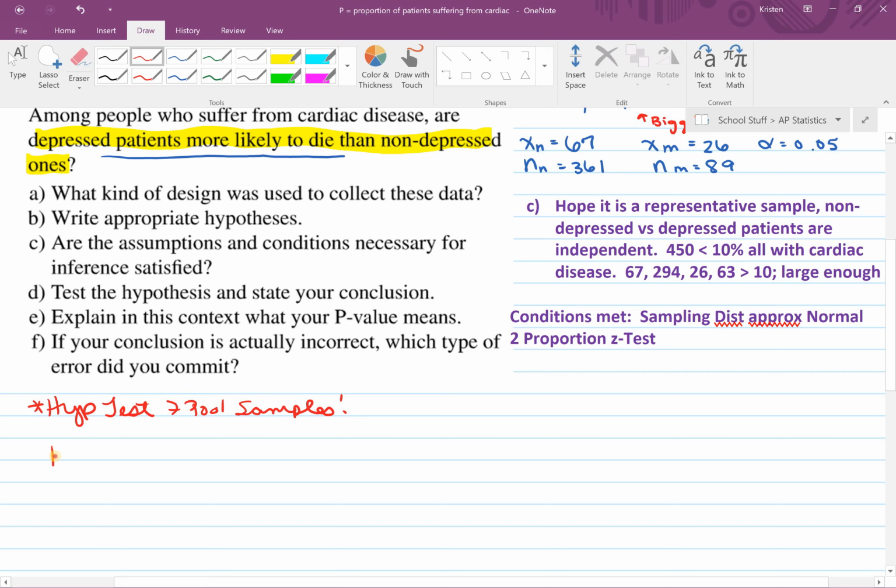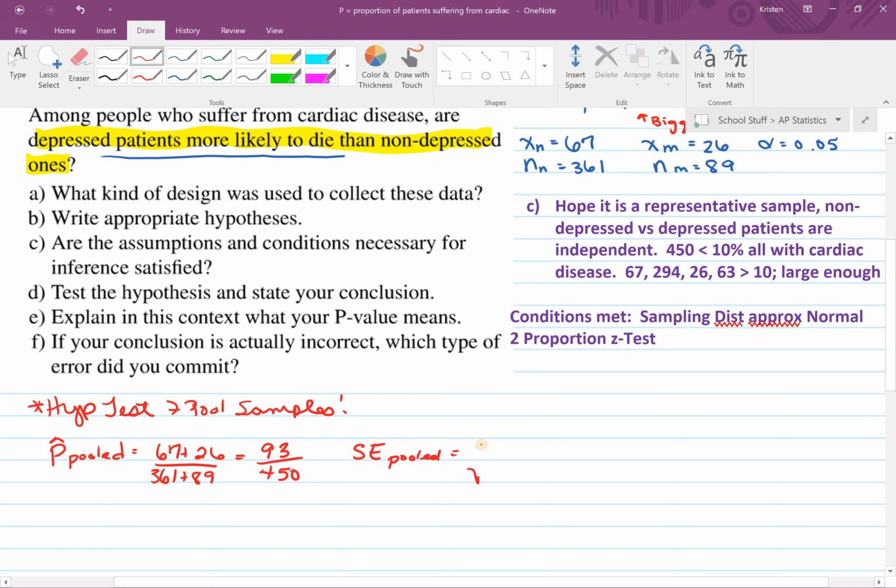So what I'm going to do here is I'm going to say p hat pooled is your total number of successes, so that's both success groups, 67 and 26, out of my total sample size, 361 and 89. So that is going to give me 93 out of 450. That's my p-hat pooled. We're going to use that to find your standard error pooled.